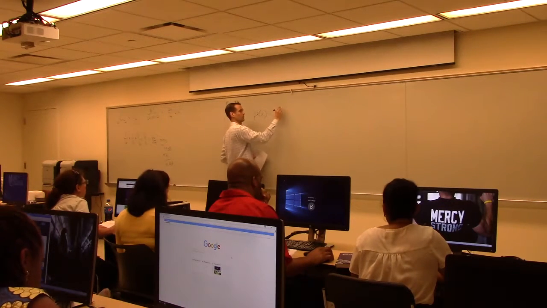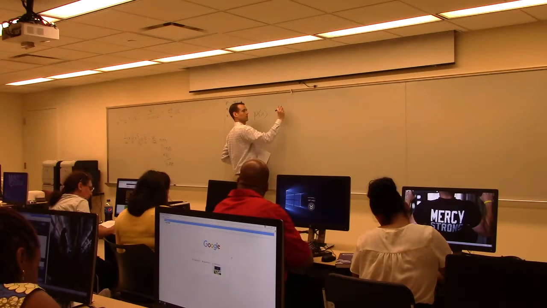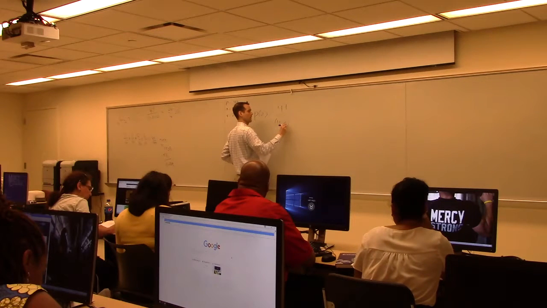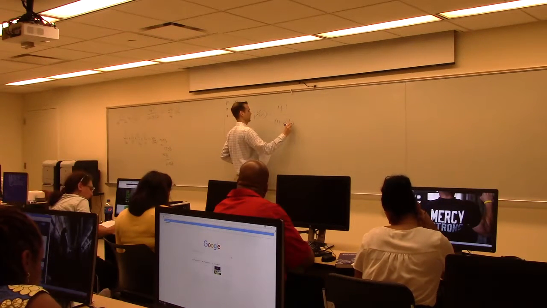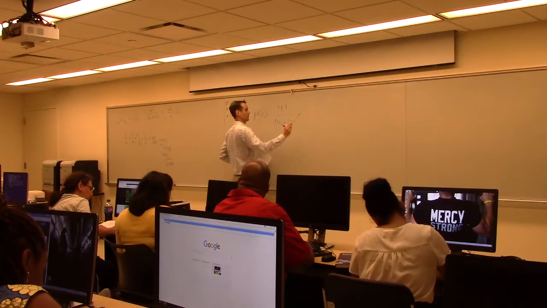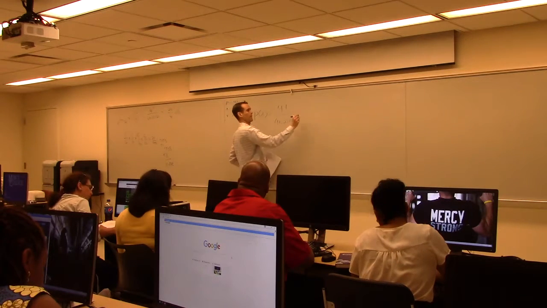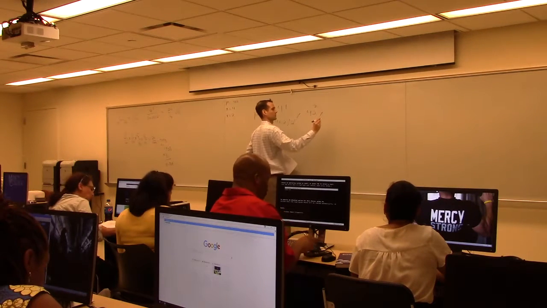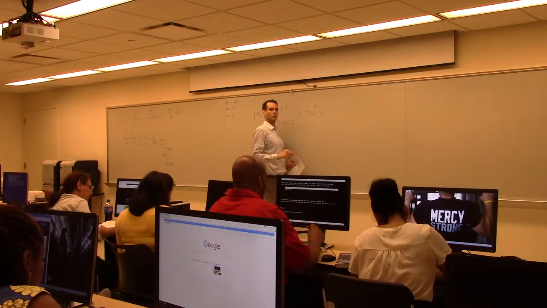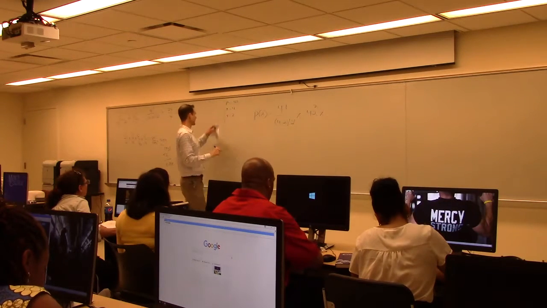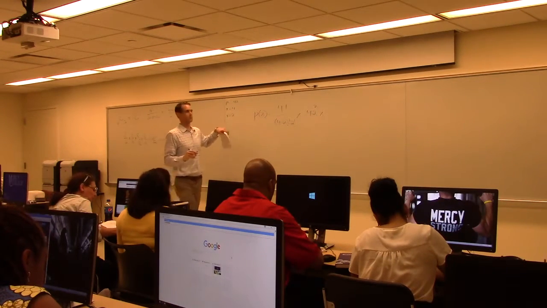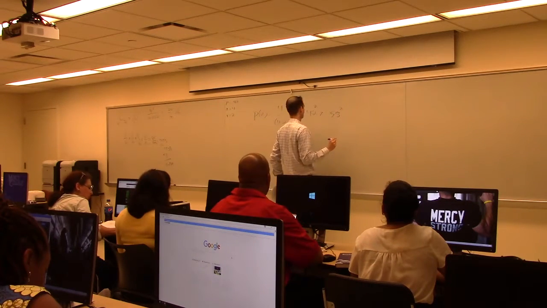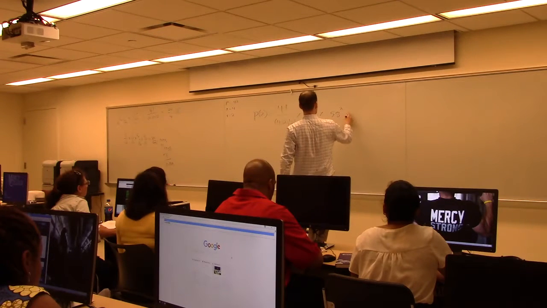4 factorial, yes, over 4 minus 2 factorial, 2 factorial, times 0.42 exactly, raised to the second power, times 1 minus p, yep, 0.58, raised to the second power, and that's it.